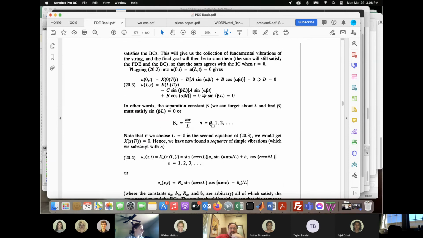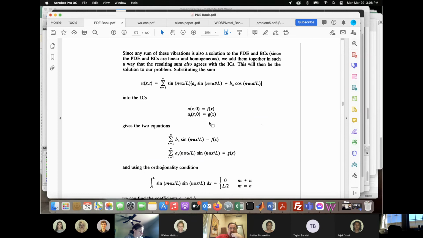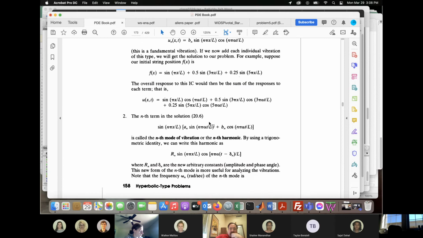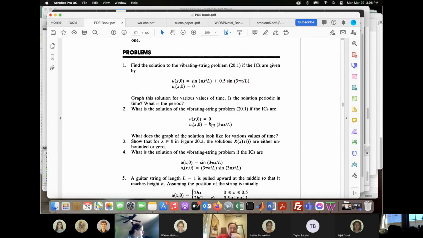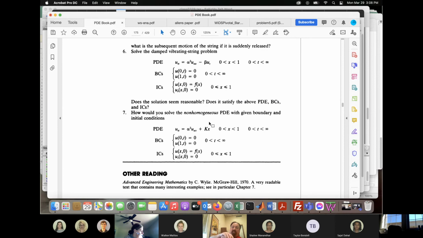Finite Fourier transform comes up in a future lesson. What this lesson actually does cover for the wave equation on a bounded interval is how you can use separation of variables.